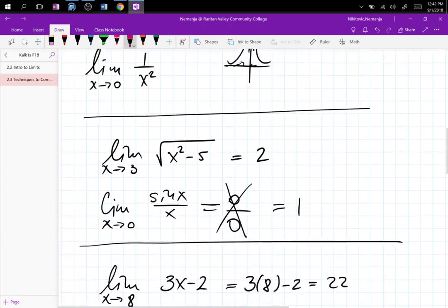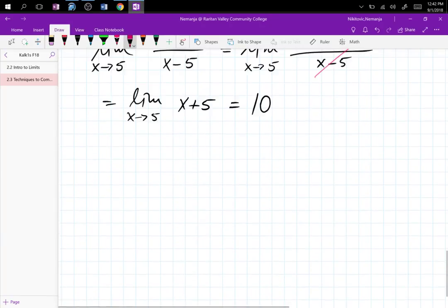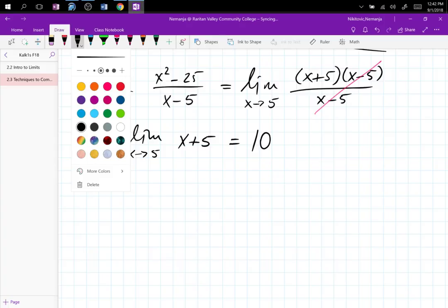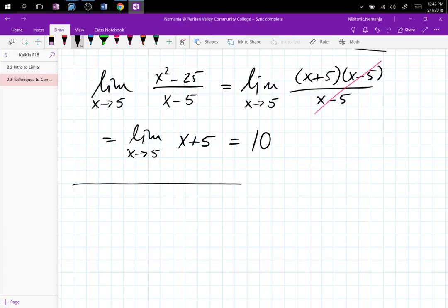Let's see if we can find more. Something fun.